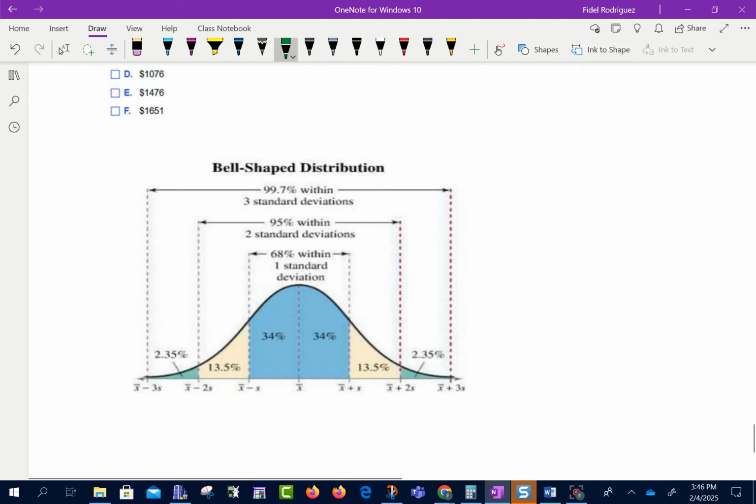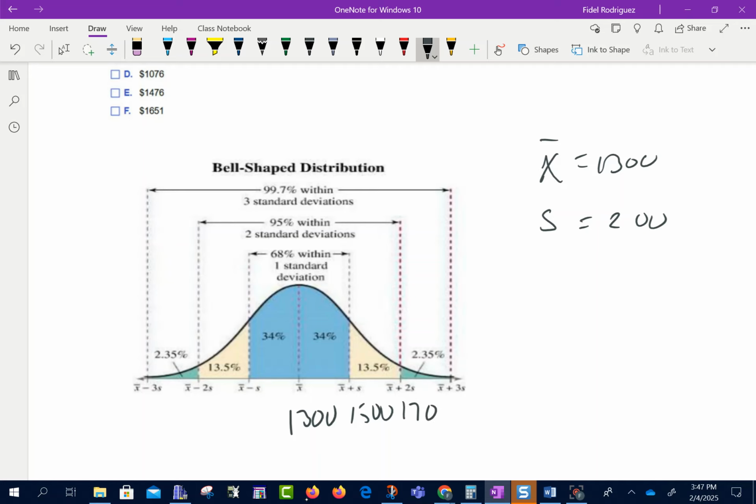So here's my bar graph, 1300, let's just write a couple of things. X bar, 1300. S is 200, so this is 1500, 1700, 1900. If we subtract 2, 1100, 900, 700.